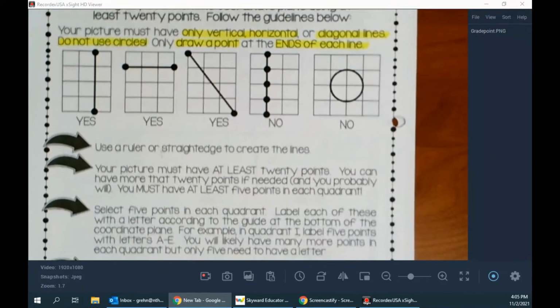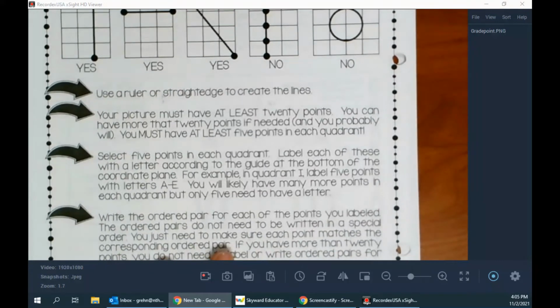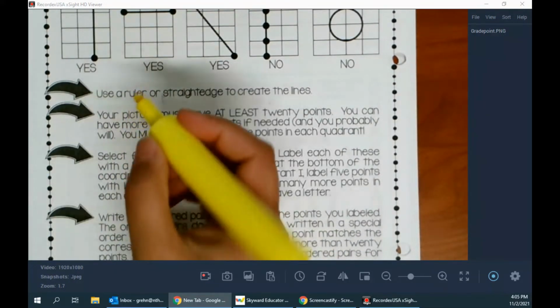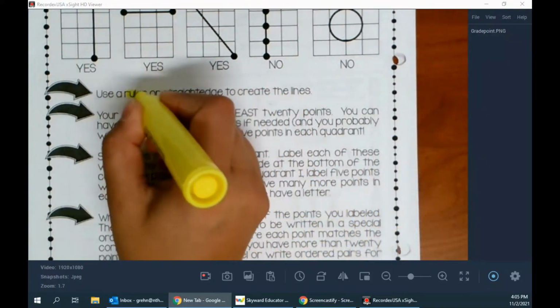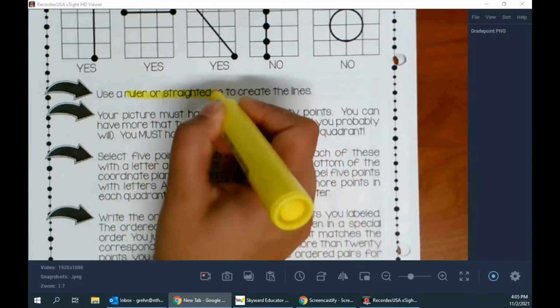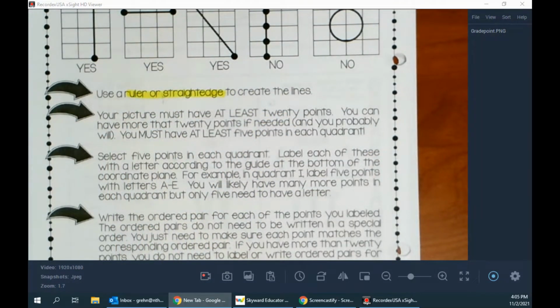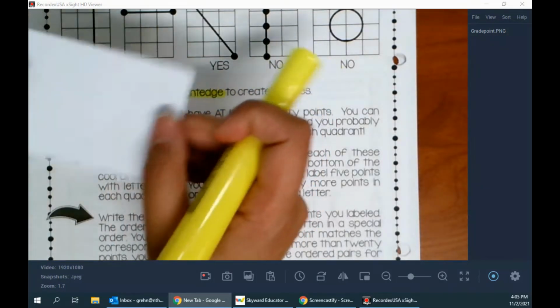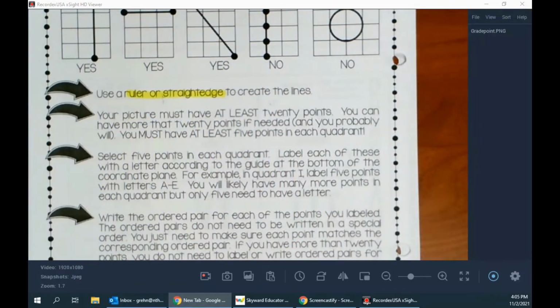Okay, so let's look at some more of the directions here. First thing, use a ruler or straight edge to create the lines. That could be a ruler, but it could also be things like your ID. Like here's mine, I could use that as a straight edge. You could use the edge of a notebook, for example. Any straight edge will work.